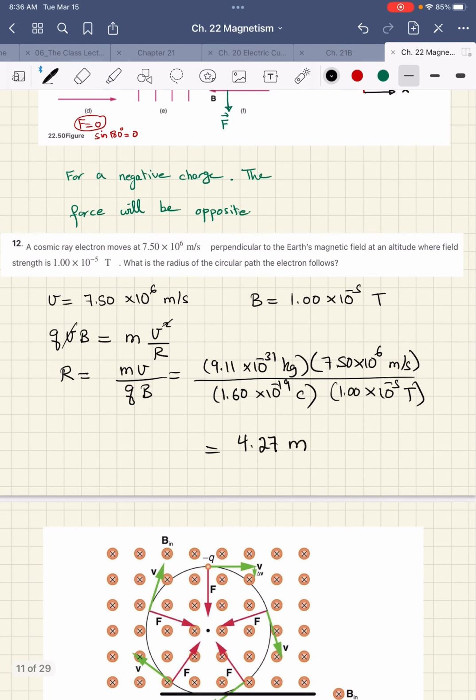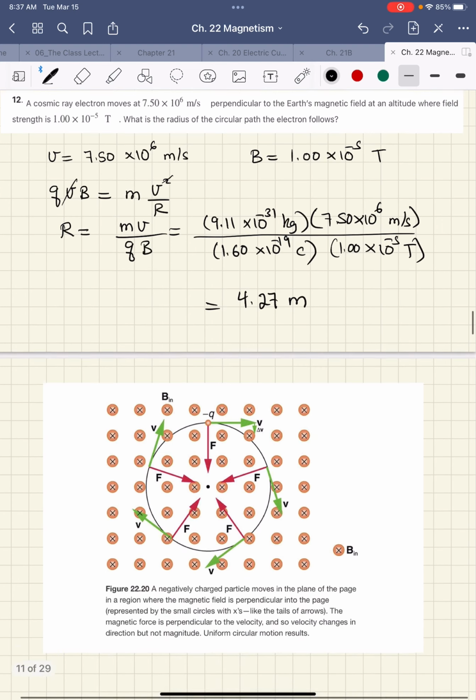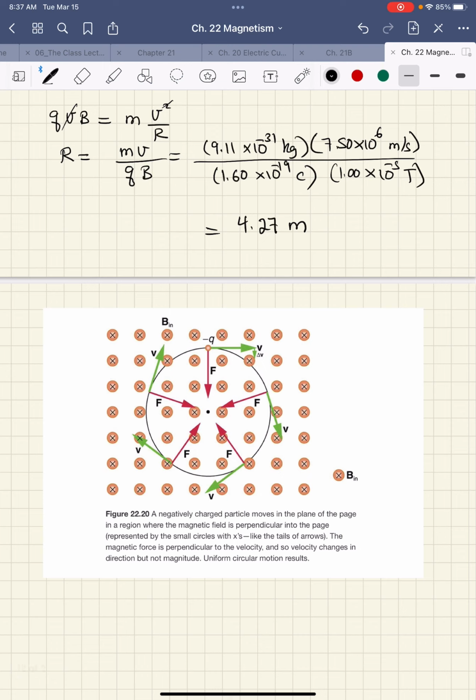Before I solve this problem, one of the most important applications related to this topic is when I have a charge that comes initially with a velocity that is perpendicular to the magnetic field.